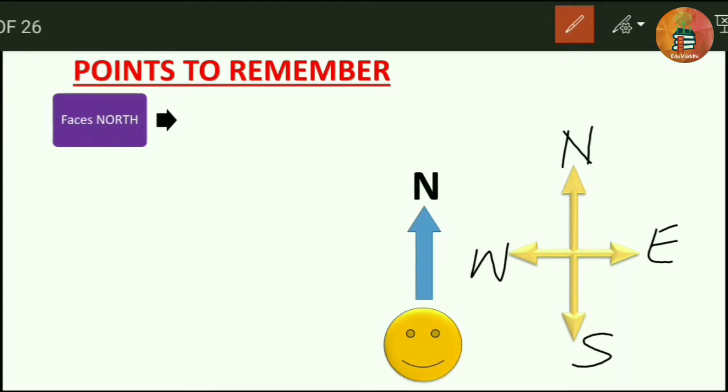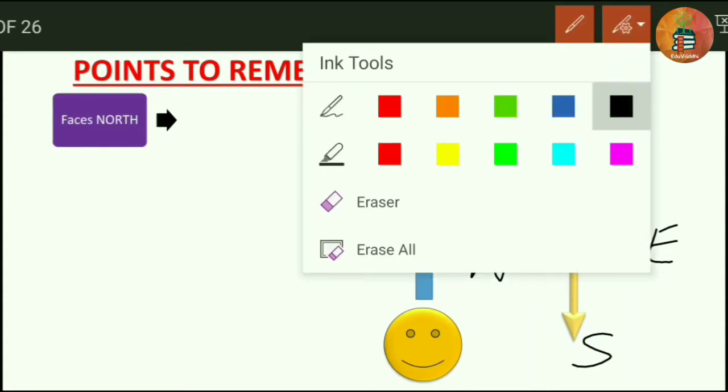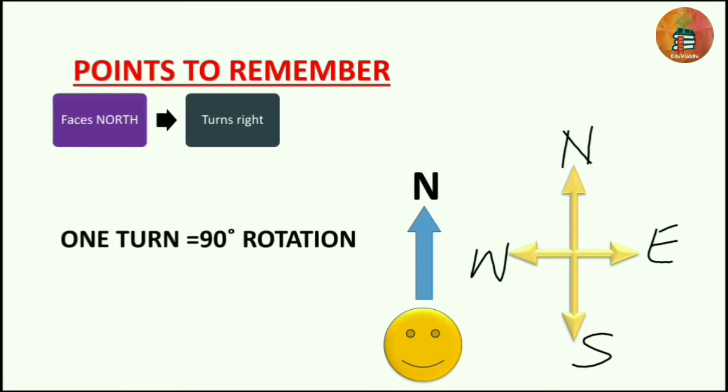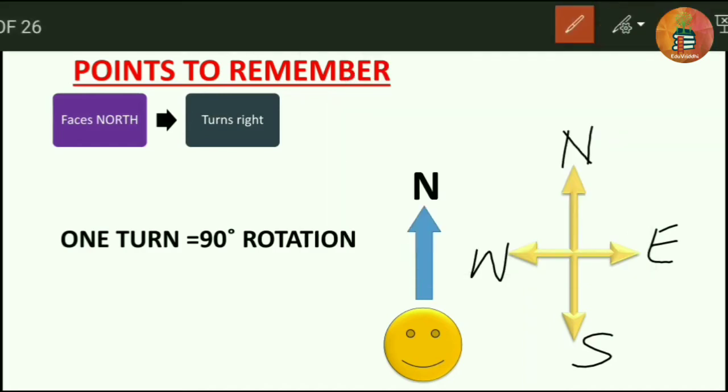So this is a person who is facing the north direction, and now he is told to turn right. Turning right implies a 90-degree rotation. One turn is equal to a 90-degree rotation. If this is the person who is facing north, at first he will be facing north.